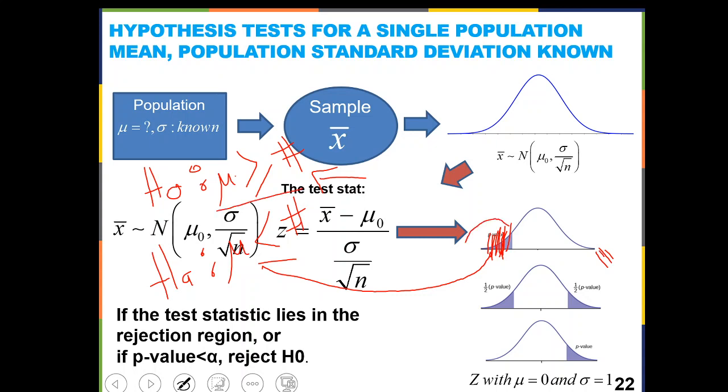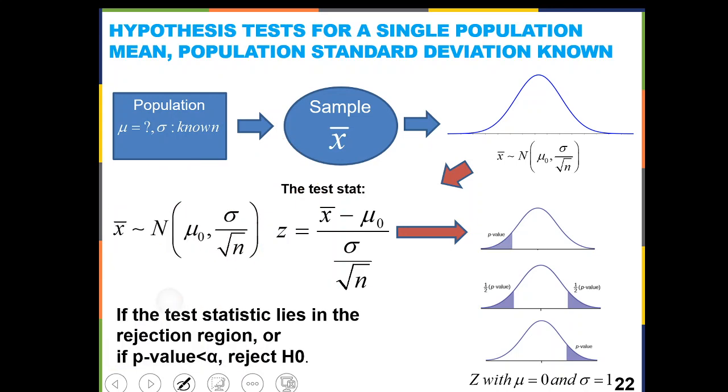So basically here is where we're going to end up finding evidence against it. Depending on what is in the alternative hypothesis: if the alternative hypothesis says mu greater than some number, we have a right tail test.